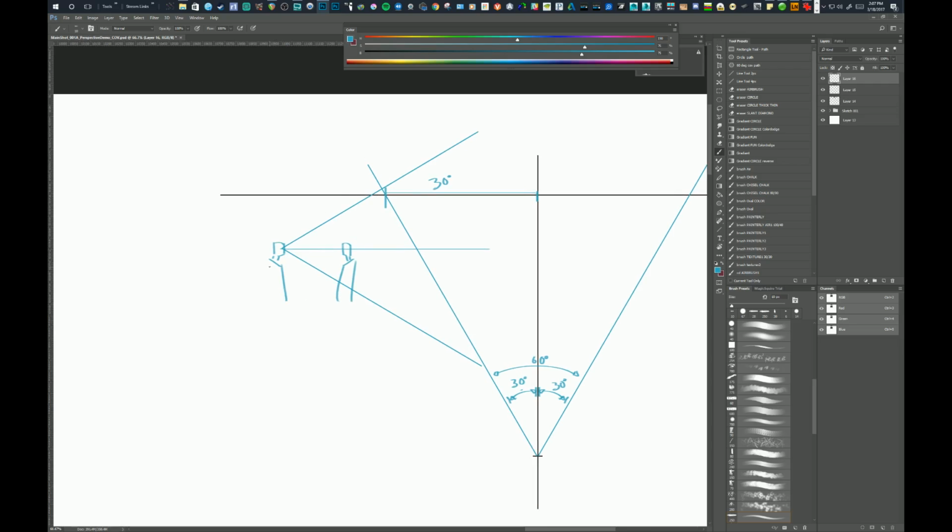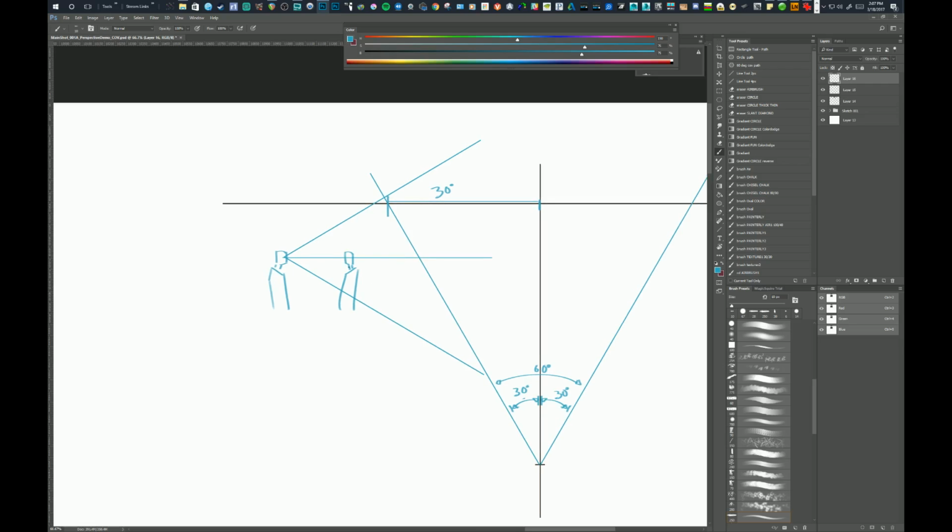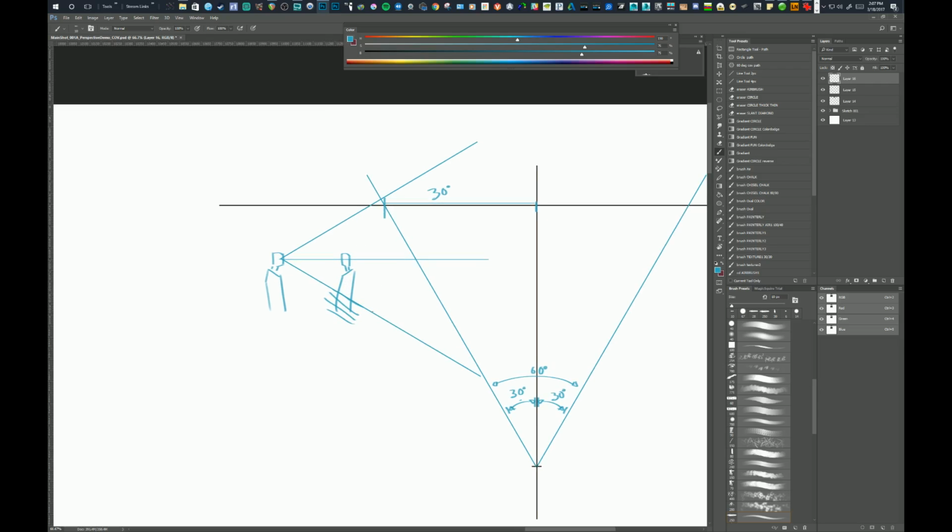Right, so if I have person A and person B, then that means that everything that is below this line is not going to actually show up on our picture. And everything that is above this line or within this space will show up on our picture.